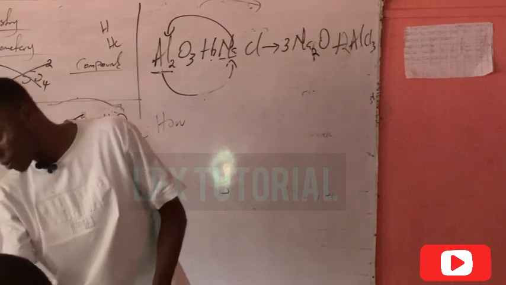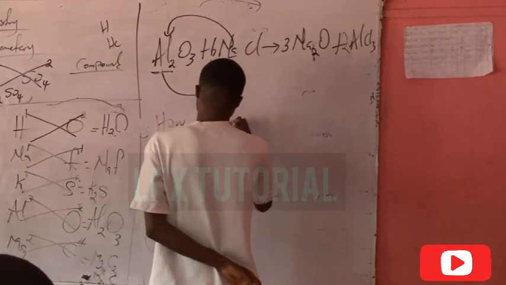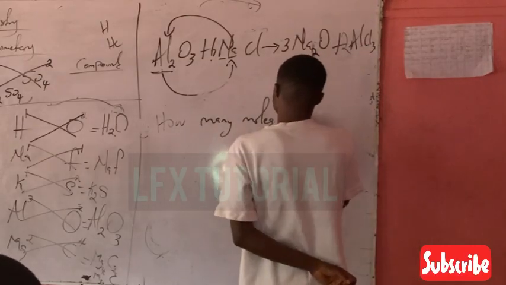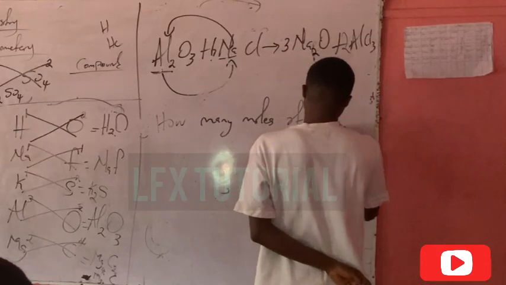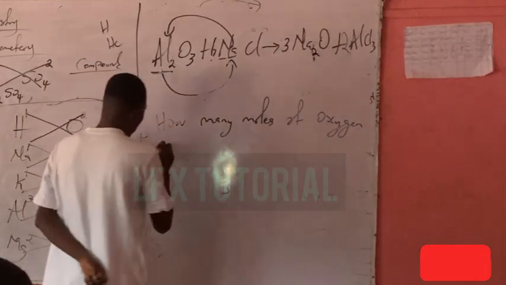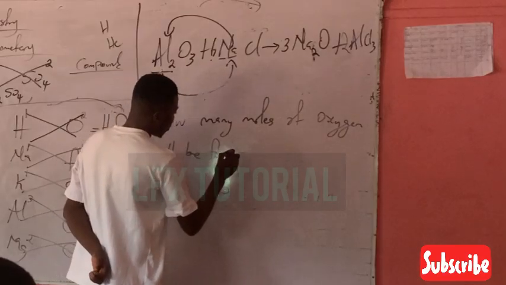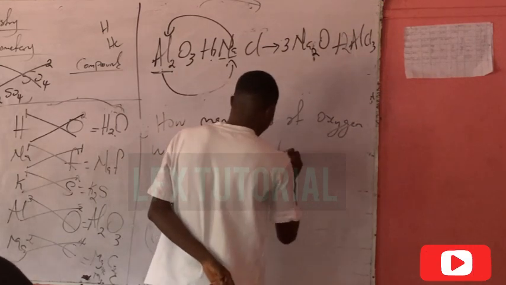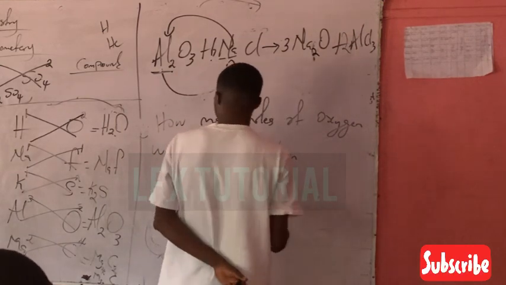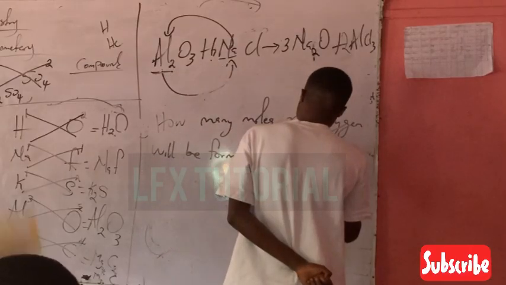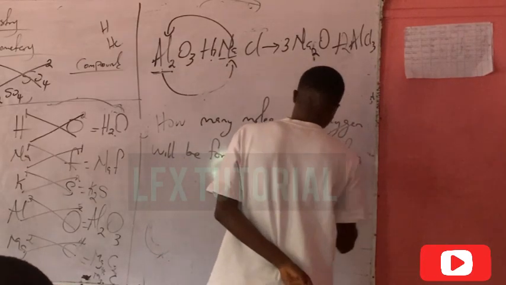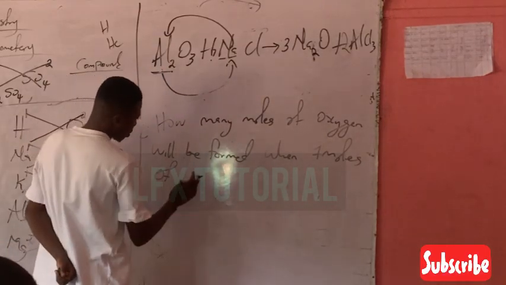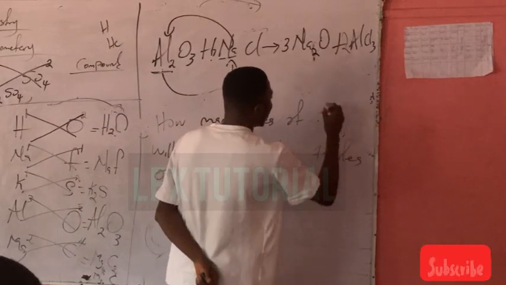How many moles of oxygen will be formed when 7 moles of, let me just say how many moles of hydrogen.